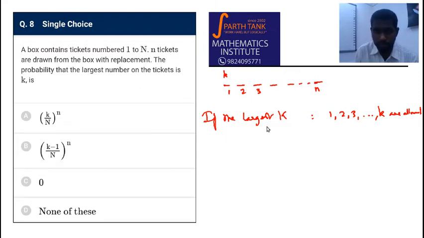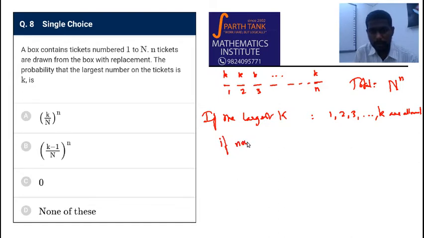Now the total number of ways of drawing this would be capital N to the power n, because you can fill this in any n number of ways, because of the replacement part. Now if the largest has to be k, only these are allowed, so you can have only k possibilities here. Same way another k possibilities here, up to k possibilities here. So if the number is less than or equal to k, there are k raised to n ways to do this.